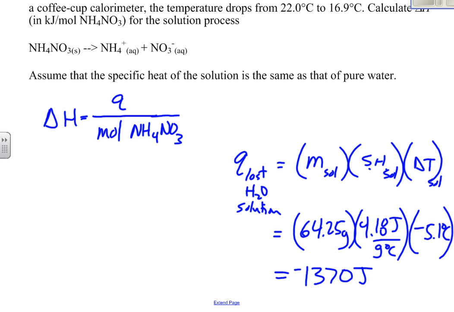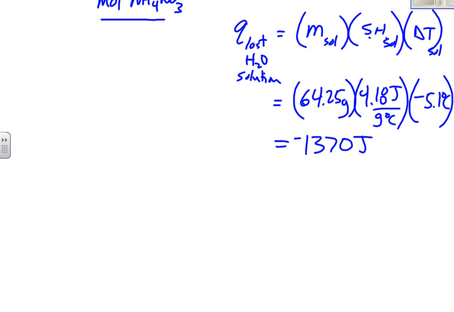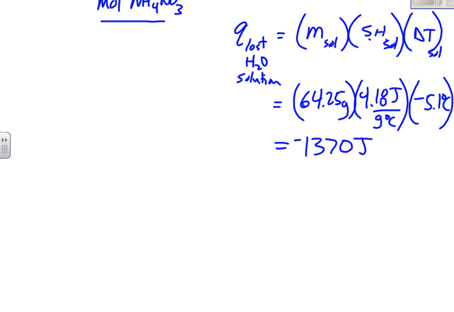Now if we take that value and plug it back into our original formula, we would end up with a problem, because what we want is the amount of energy per mole of ammonium nitrate. So let's take a step backwards and make sure that we're thinking about this correctly.